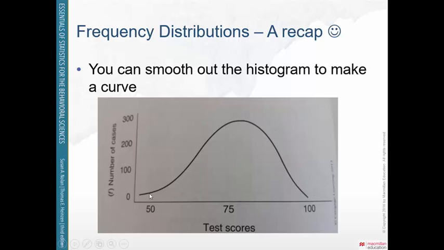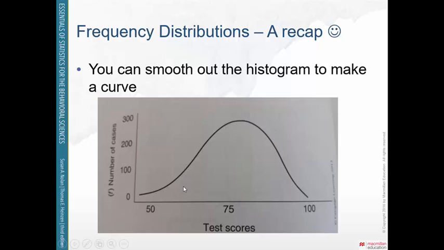So instead of actual bars, this jagged pattern, we've smoothed them out, but it's the same information. Most people got scores around 75. Much fewer people got scores around 50 on this test, and many, many fewer got scores in the 90s. So this is just a histogram represented as a smoothed out curve.